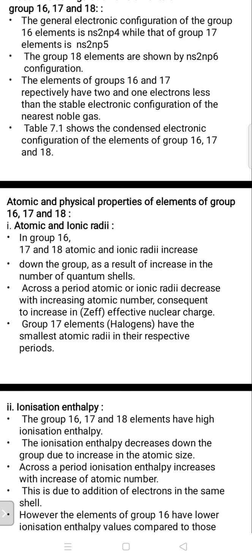For the ion, the distance from the center of the nucleus to the outermost shell is called the ionic radius. So what is the effect of the atomic and ionic radii on their physical and chemical properties? That we will see in the next lecture.